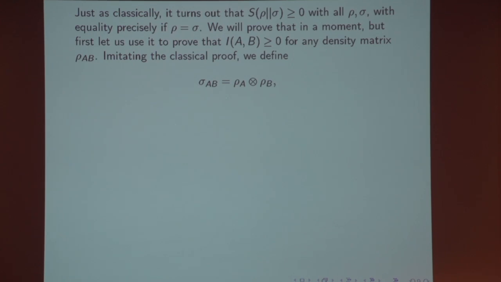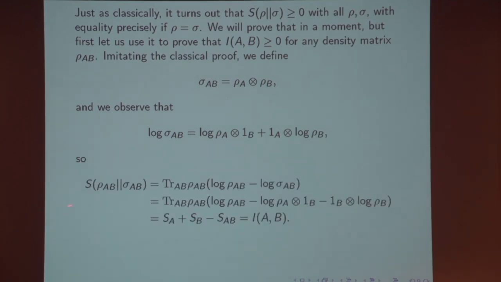Replacing rho AB with rho A tensor rho B does not affect observations only of A or only of B, but it suppresses correlations between A and B. Then we observe that log of sigma AB is given by a simple formula. So the relative entropy between rho AB and sigma AB can be computed rather as we did classically, and it turns out to be the mutual information. So positivity of mutual information is a special case of monotonicity of relative entropy.